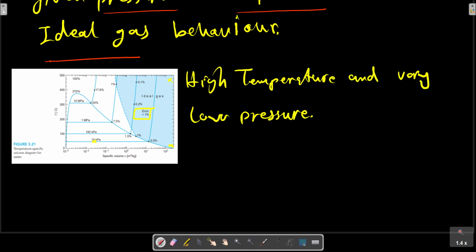Also for the specific volume, as would be expected, at a very low pressure and high temperature, the error is small but becomes severe as the density increases.